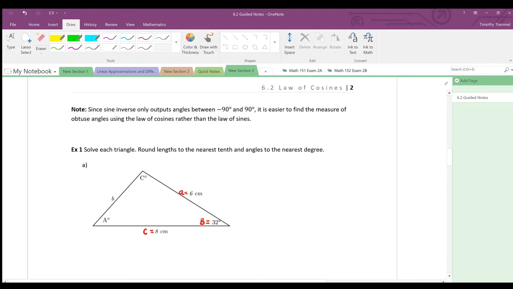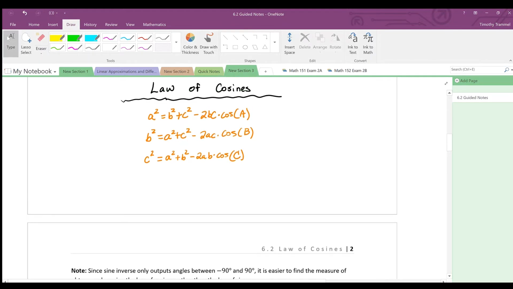Let's go up and see which one that is. Little a and little c, that would be this middle one here. This is actually the one that we derived ourselves. So we'll go ahead and use that one.